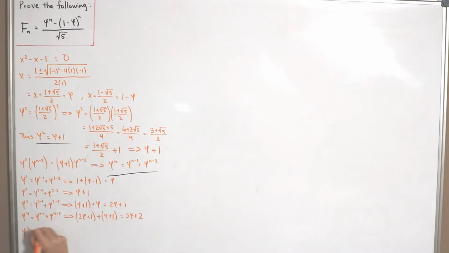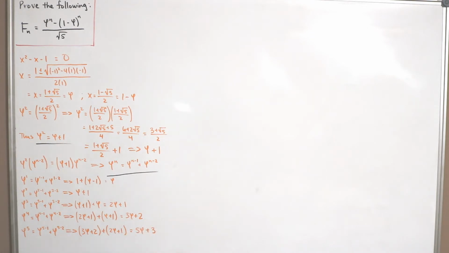We'll do 5, then phi to the 5 minus 1 plus phi to the 5 minus 2. So 5 minus 1 is 4, and we said that's equal to 3 phi plus 2, then plus 5 minus 2, that's 3, so this is 2 phi plus 1. Adding the terms together, we get 5 phi plus 3.